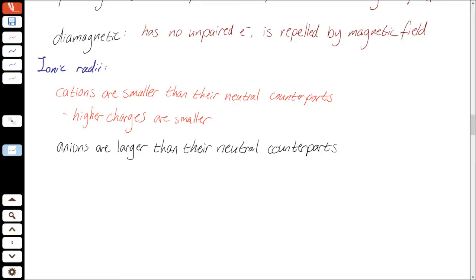So let's think about it for a minute. See if you can formulate a nice sentence or two explanation of what's going on with anions that would make them larger than their neutral counterparts. Think about it. You want to give it a try? Just like a general statement, I guess.